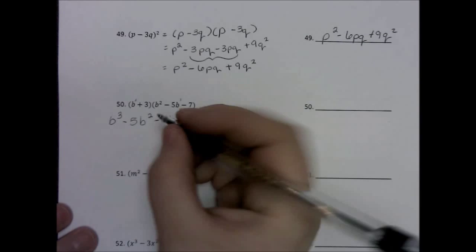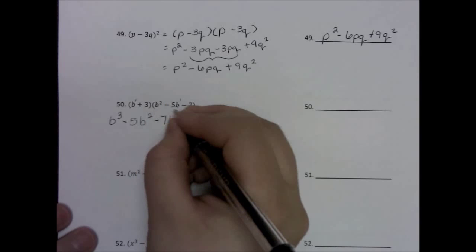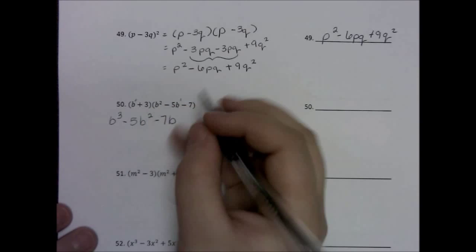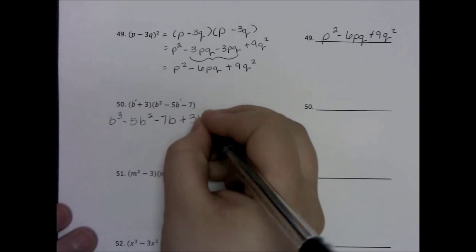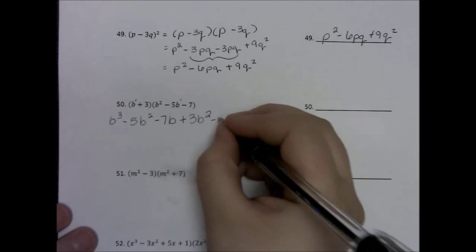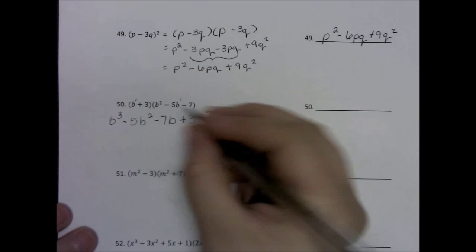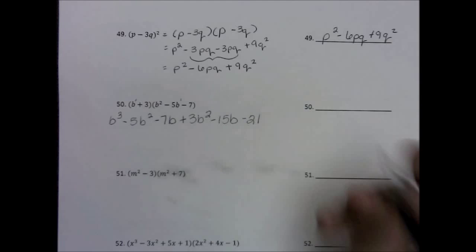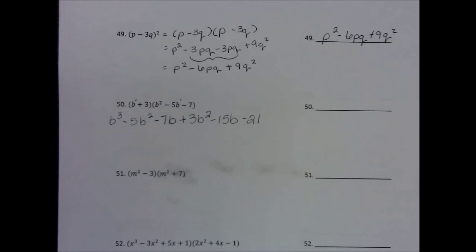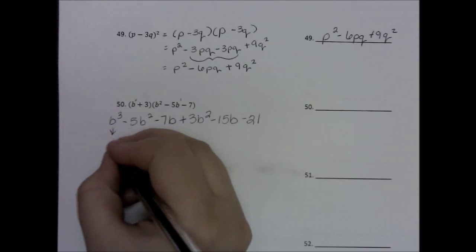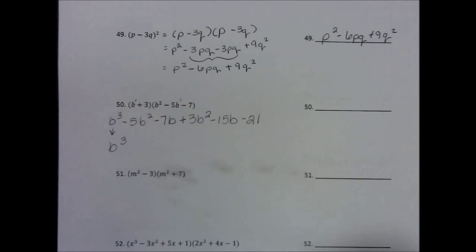Then I multiply 3 times everything in this set of parentheses. So 3 times B squared is 3B squared. 3 times negative 5B is negative 15B. And then 3 times negative 7 is negative 21. Now I'm going to combine my like terms. So I don't have any other like terms with the B to the third, so I'm just going to carry that down.